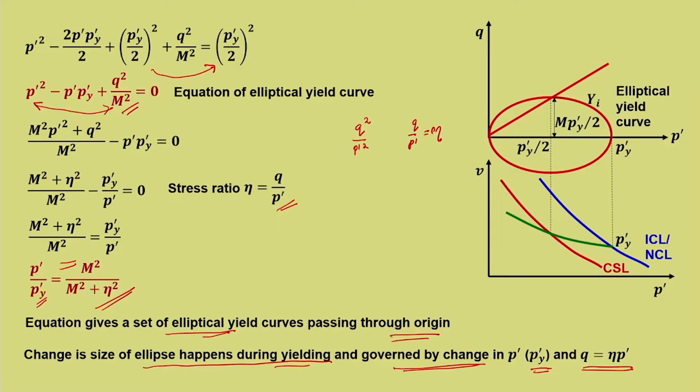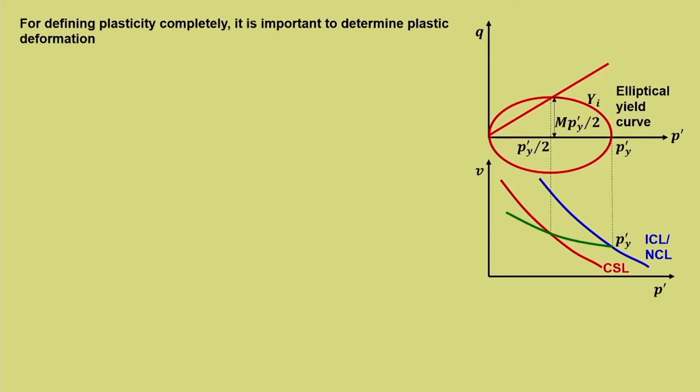Now, eta into p dash is important because the yield curve goes on increasing and that can go on till failure. Now, when it is at failure, m gets activated. So, that is the final bound, but the concept of yielding keeps on happening, and that will depend upon whether it is hardening or softening.